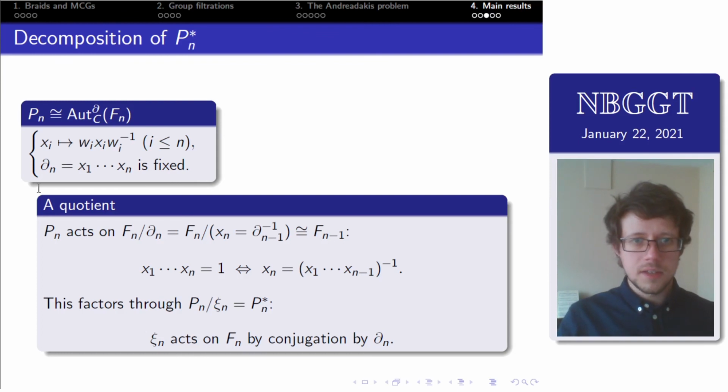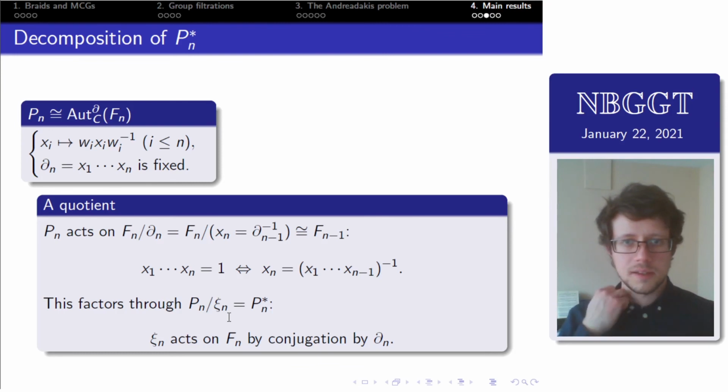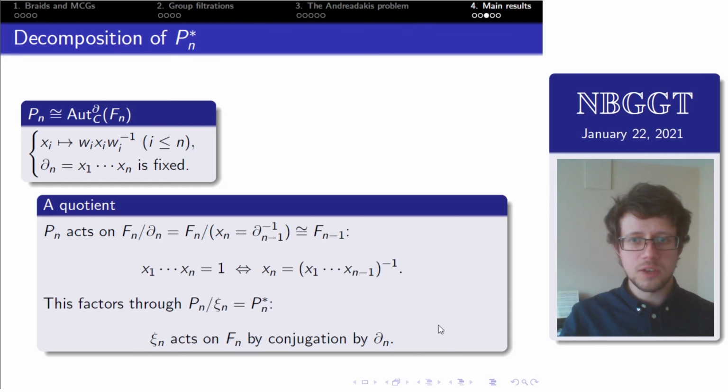And so this action factors through the quotient of Pn by its center, because we've seen earlier that the central element acts by conjugation by the boundary element. So if you kill this boundary element, then this conjugation becomes trivial, and so you have a factorization by that.